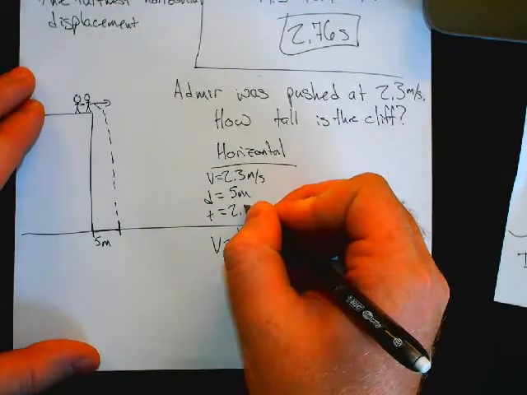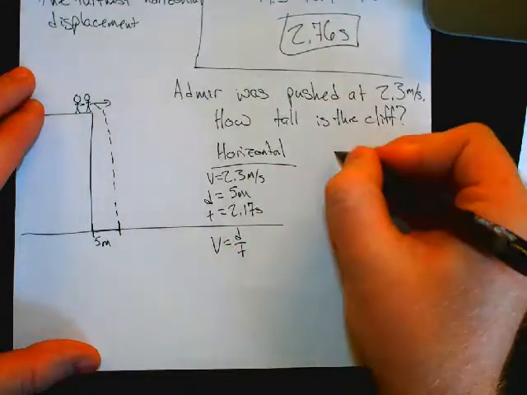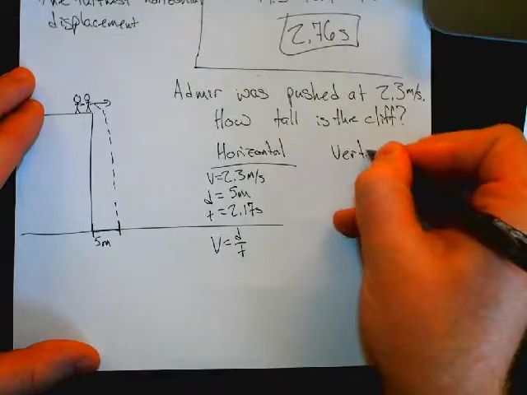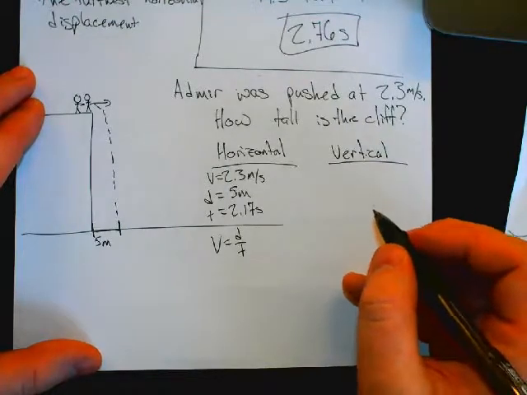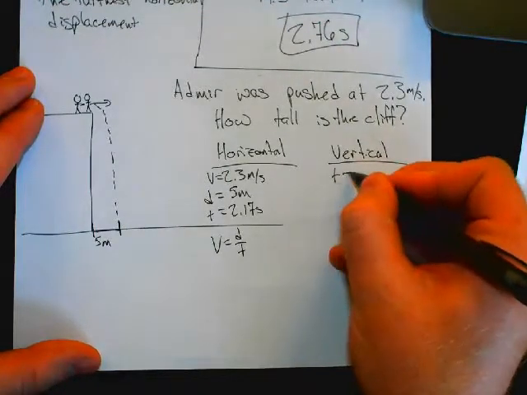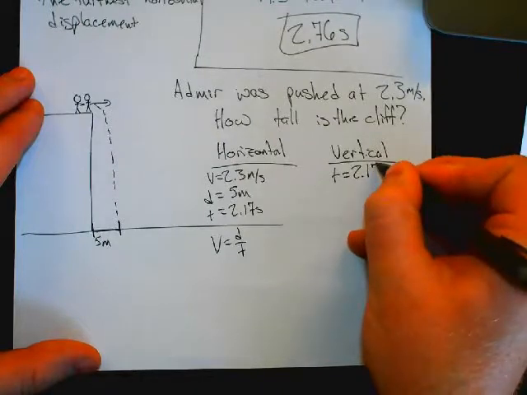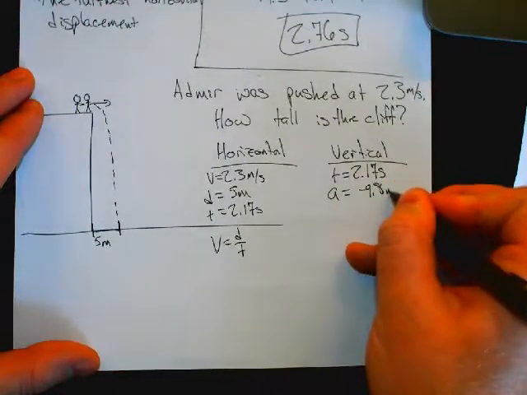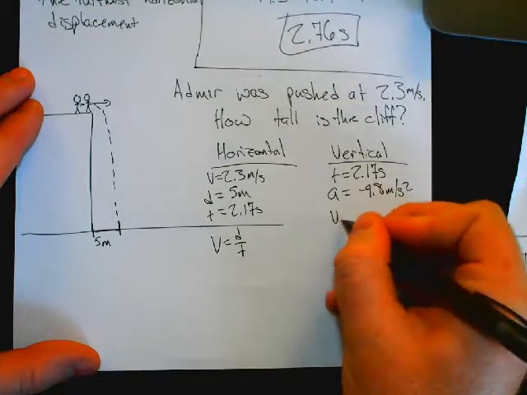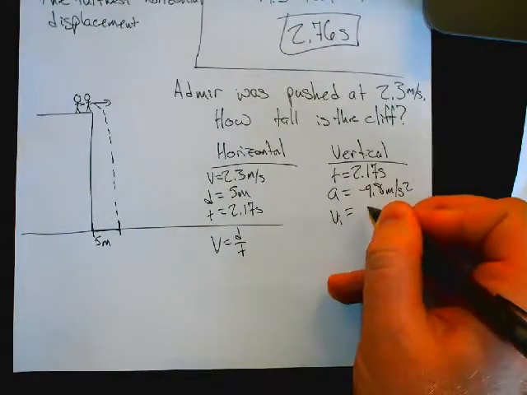2.17. All right. And then in the vertical, what values did you have? T. All right. We just got it. 2.17 seconds. Acceleration, negative 9.8. Initial velocity, how much?